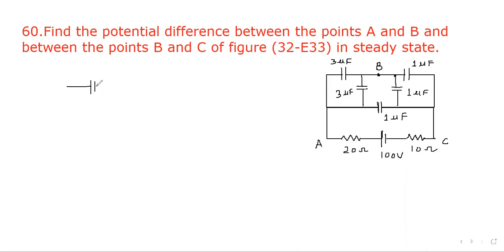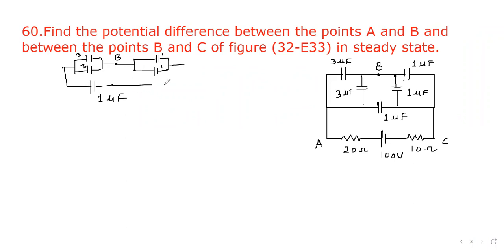This is 1 microfarad, and here these two are 3 microfarad. Then here there is point B, and then two capacitances, 1 microfarad and 1 microfarad. So this is 1, and this is 3, this is 3.